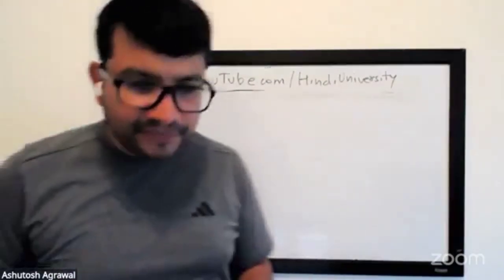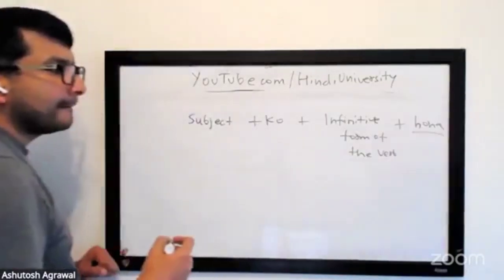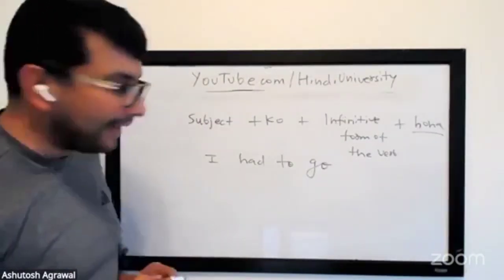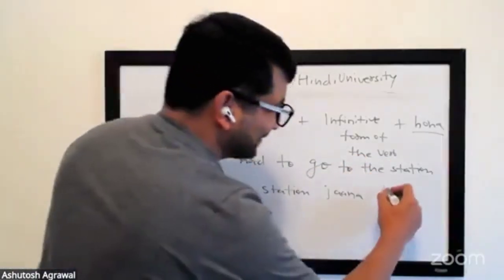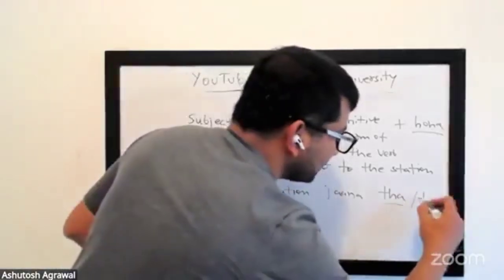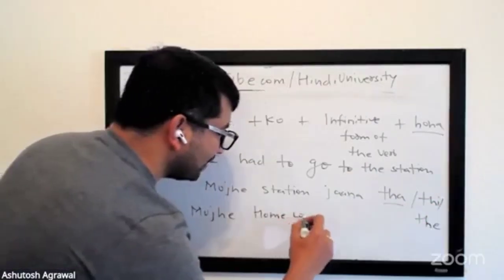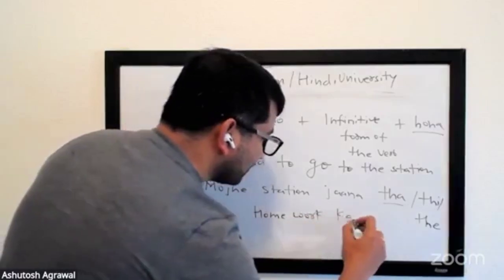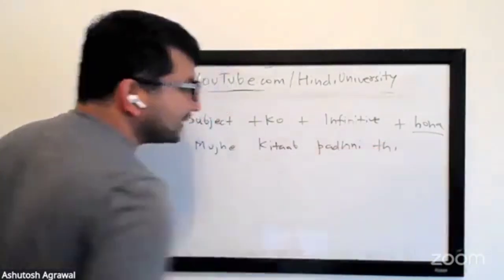The sentences we have are all in present tense. What if I say that I had to go to the station? There you go. Okay. मुझे स्टेशन जाना था. So it will be था, थी और थे. मुझे होमवर्क करना था, मुझे किताब पढ़नी थी.